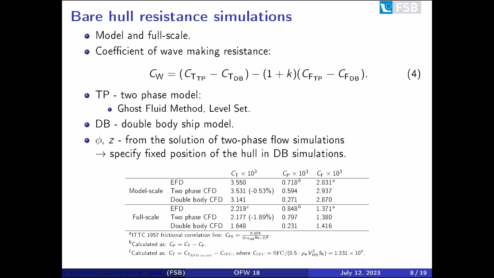Wave-making resistance force is estimated from the wave-making resistance coefficient using the expression presented in the slide. Also, accurate prediction of the bare hull resistance force is important to conduct valid self-propulsion simulations, due to the fact that the propeller rotation rate is controlled based on the value of the longitudinal force acting on the ship.